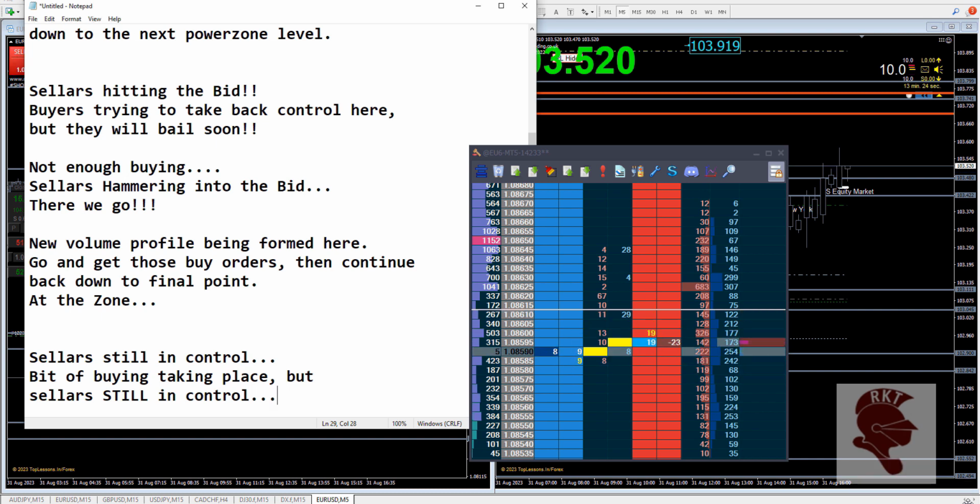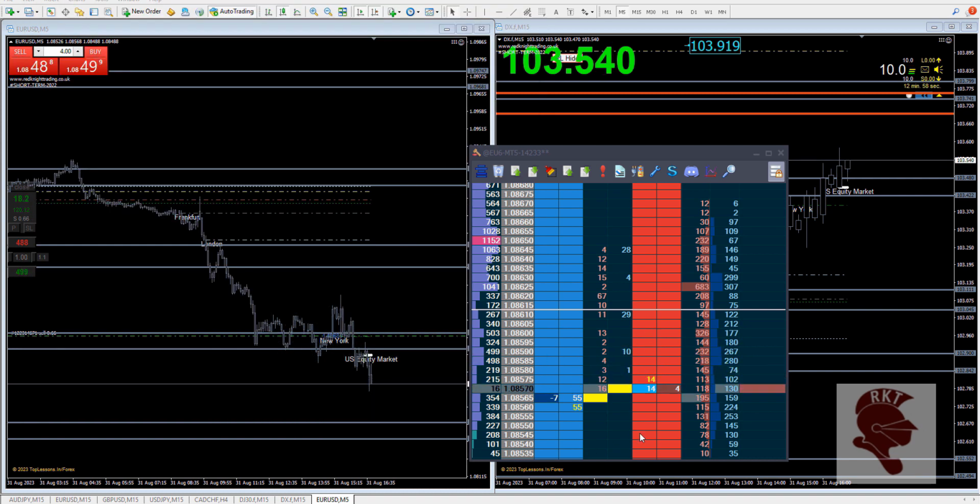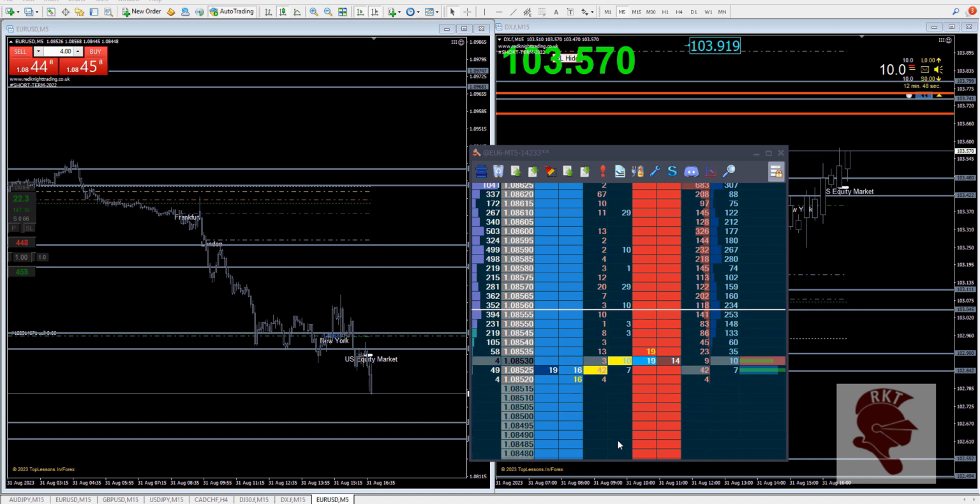The reason being is, right at the bottom there's three green volume entries on the volume profile, which we seem to be coming down to. In fact, it's just passed through.